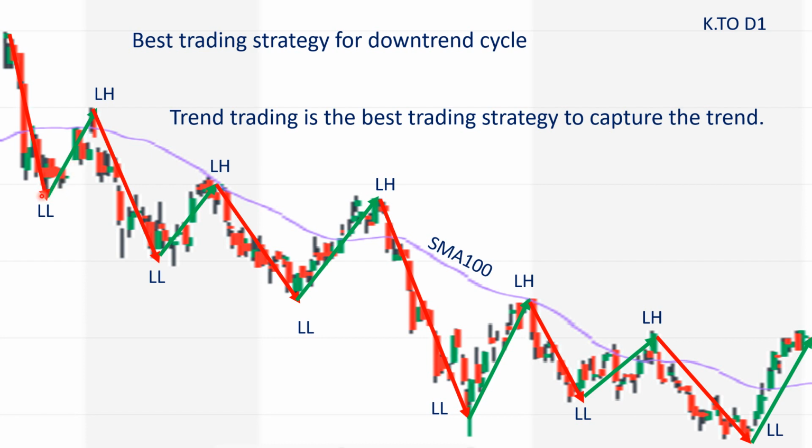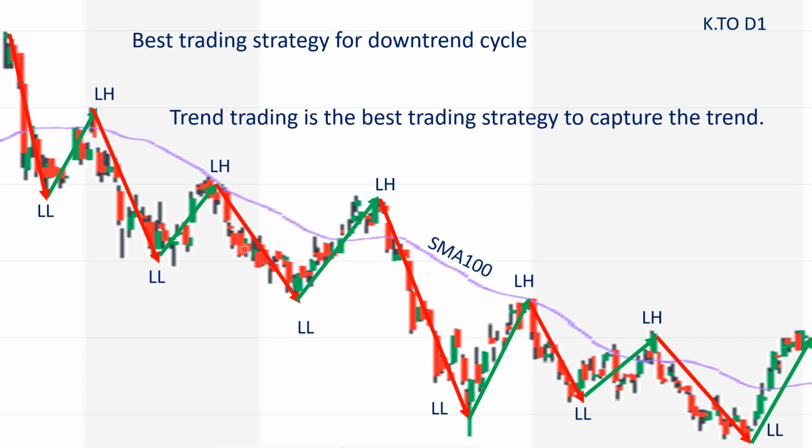So let's say if you have a hammer here, that's a sign of price reversal. Or at a resistance level, if you see a shooting star, that is a sign of a price reversal. So you can exit the market here, and if you have a hammer here, you can enter the market here. And this is the first thing.